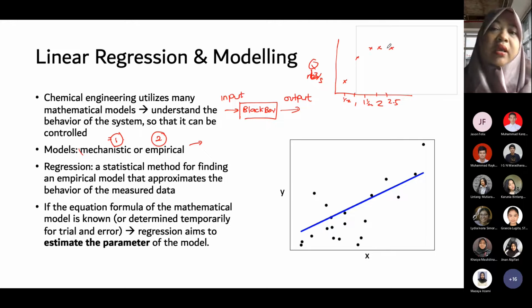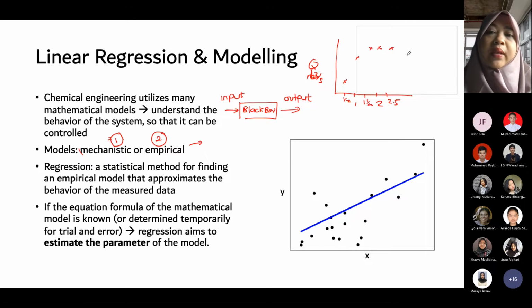So that's the data. I would like to ask, what is the correlation? From this data, we want to know the behavior of these models. We want to model it.